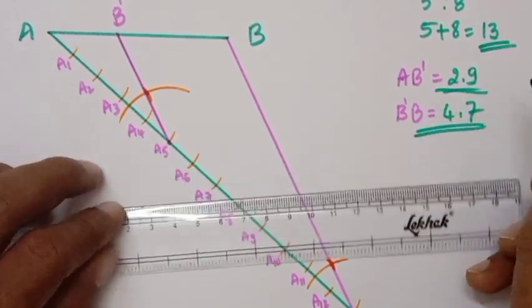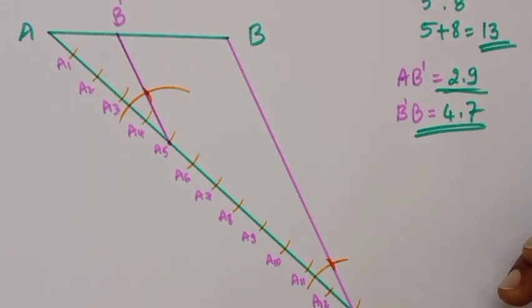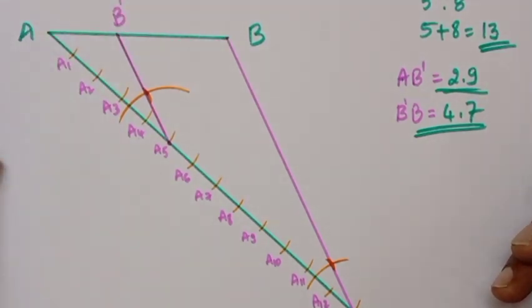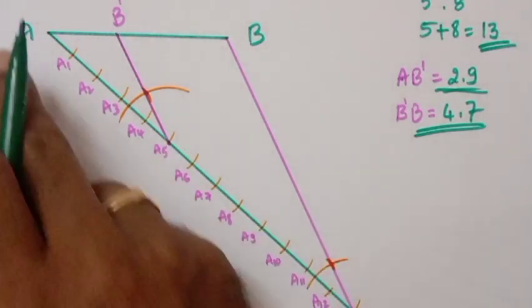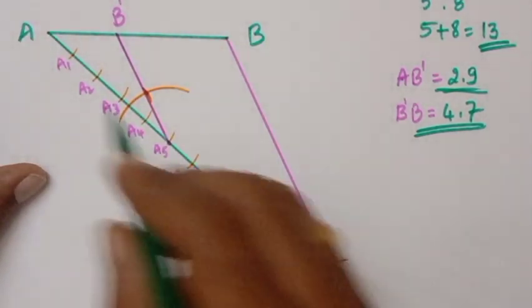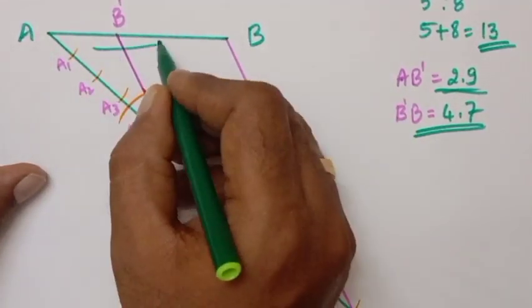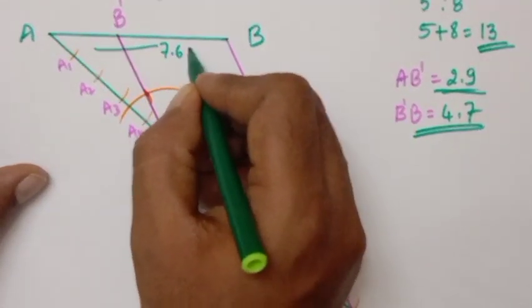Let us verify this with a simple calculation. This portion is 5 parts of the total length. The total length of the line is 7.6 centimeter.